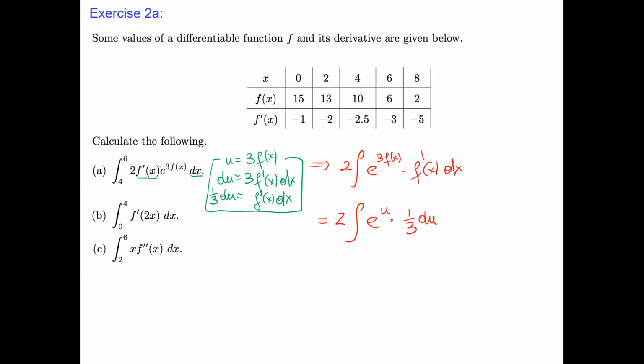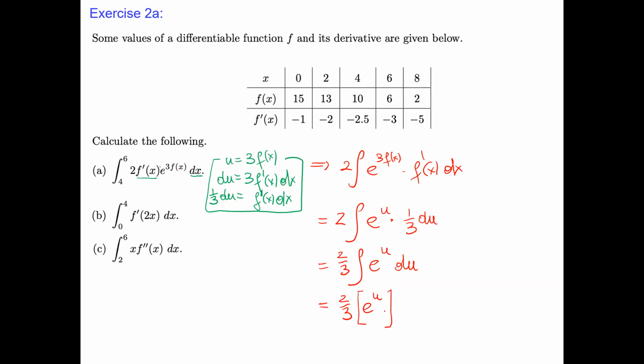Because we remember, as soon as we make the commitment to rewrite everything in terms of u, u and x are not welcome together in the integral, unless it's a two-variable function. So we always avoid putting u and x together. Okay, we have 1/3 integral of e to the u du. 1/3 integral of e to the u du is e to the u.